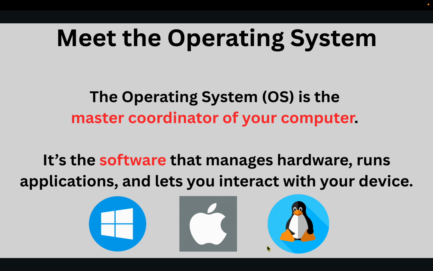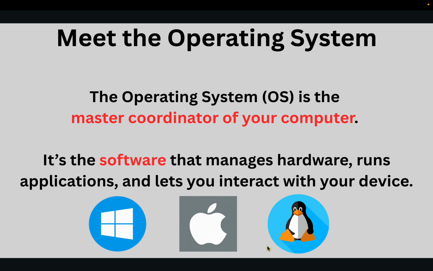Now I'm back from my commercial and let's continue on. So on the screen, we're basically going to meet your operating system. Your operating system is like the coordinator of your computer. Many times you don't necessarily choose what operating system this is unless you are building your own computer. And even if you do build your own computer, you can generally only have Windows or Linux because Apple is very secure, as some of you may know.